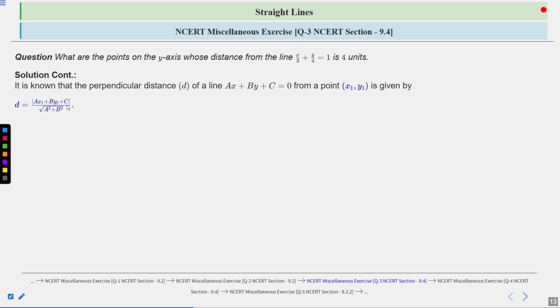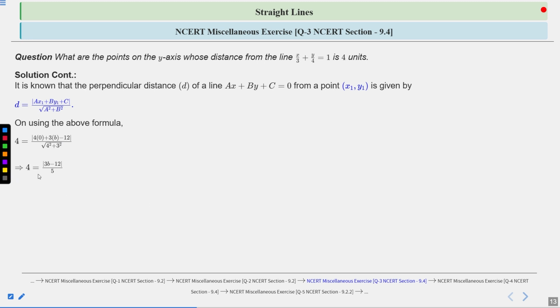On using the formula, we obtain 4 equal to modulus of 4 times 0 plus 3 times b minus 12 divided by square root of 4 square plus 3 square. We substitute the values of a, b, c, x1 and y1.